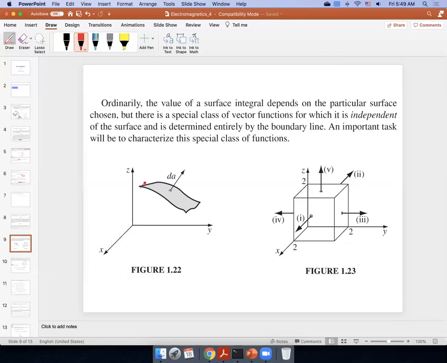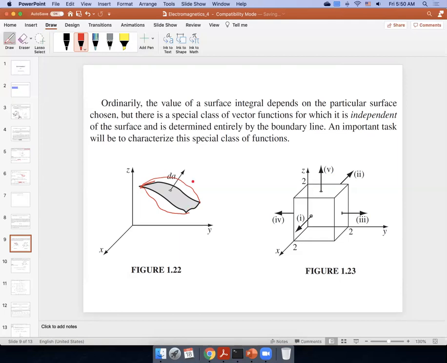It's difficult to draw because it's three-dimensional. The surface might be something like that, or with the same boundary line, the surface could be something like that, going down, or the surface shown in gray. So there are infinitely many different surfaces, even with the same boundary.